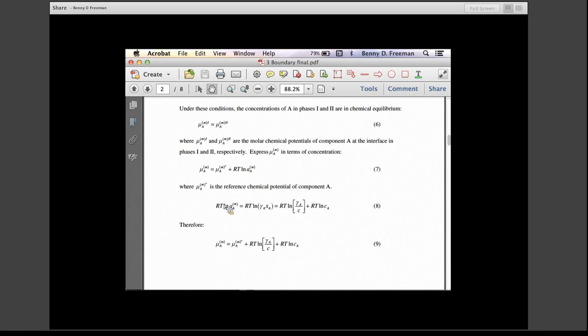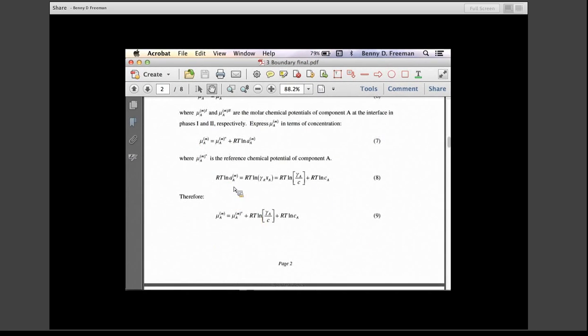Very often we would write that molar-based activity as the log of gamma A times XA, where gamma A is the activity coefficient of A, and XA is the mole fraction. You'll remember that for an ideal solution, the activity is simply equal to the mole fraction of that component in the solution. From this point, you can derive, for example, Raoult's law. So this is a very common way of expressing activity.